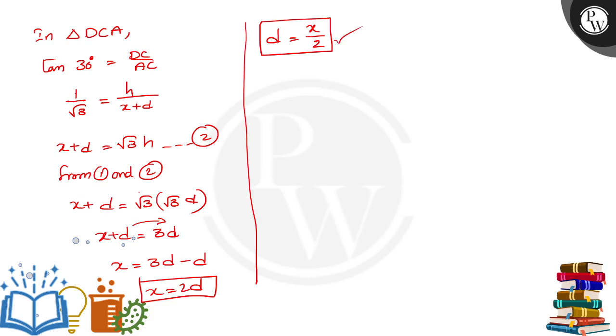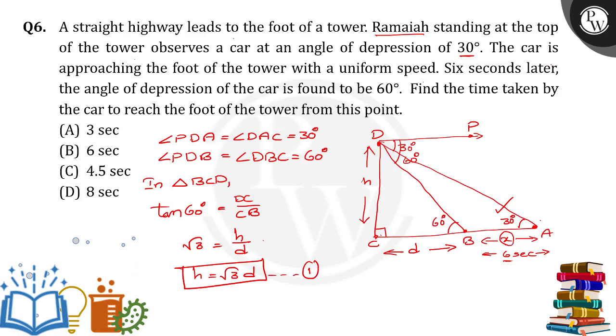Why are we using this relation? Have a look over here. What is the time taken by the car to travel x meters? X meters is 6 seconds, according to the question.